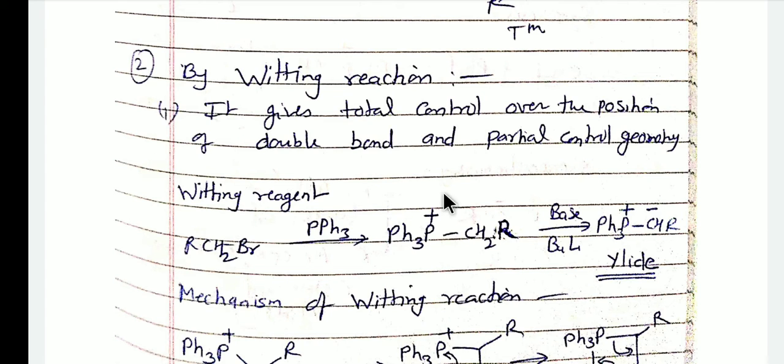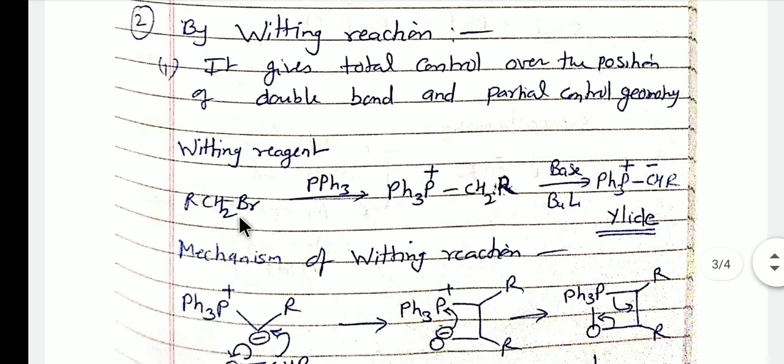By this reaction, firstly the Wittig reagent is prepared. The Wittig reagent is prepared by the reaction of alkyl halide with triphenyl phosphine. We get this type of reagent, which on reaction with a base, butyl lithium, gives the ylide Ph3P+ CHR−. So the Ph3P+ CH−R ylide is obtained by the reaction of alkyl bromide with triphenyl phosphine.